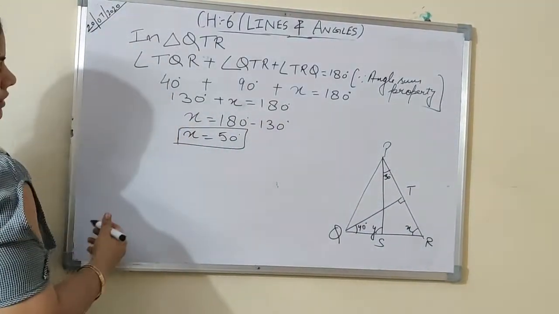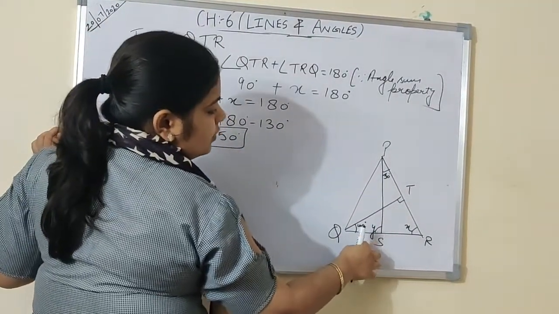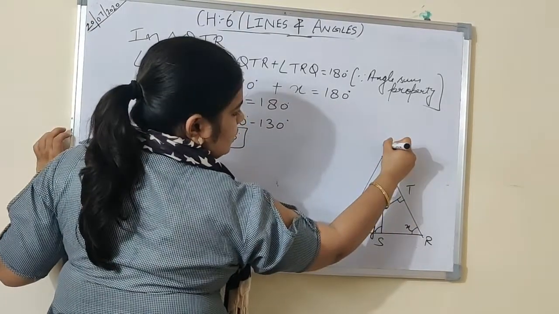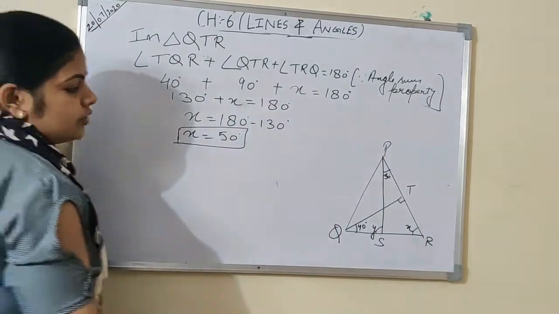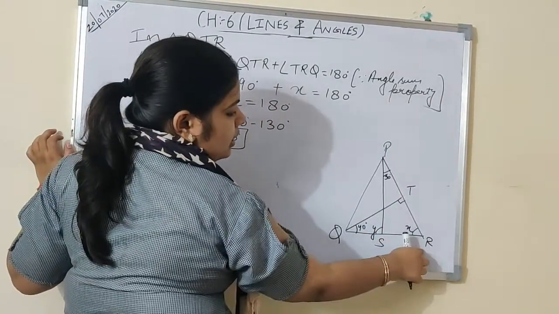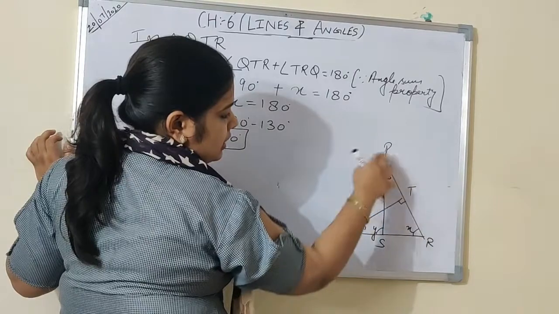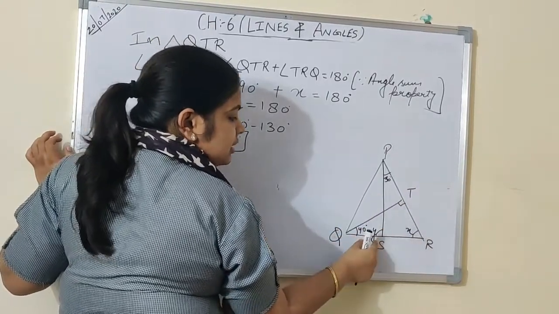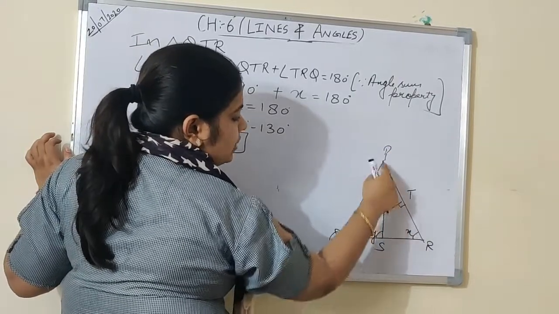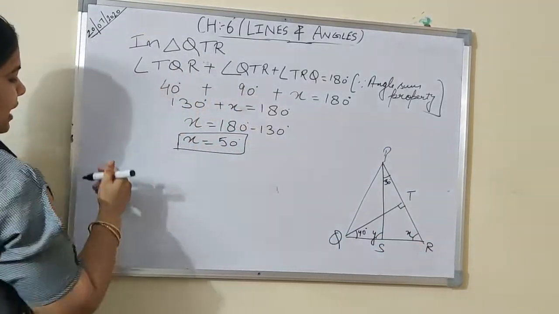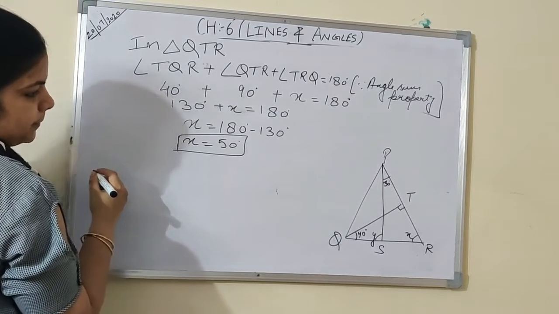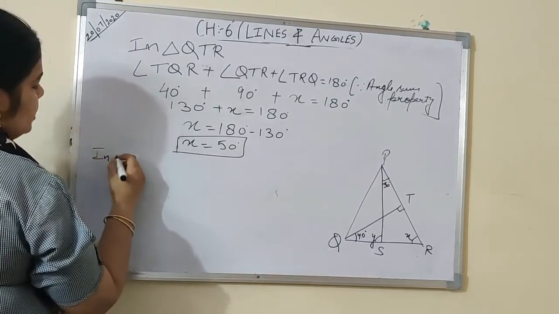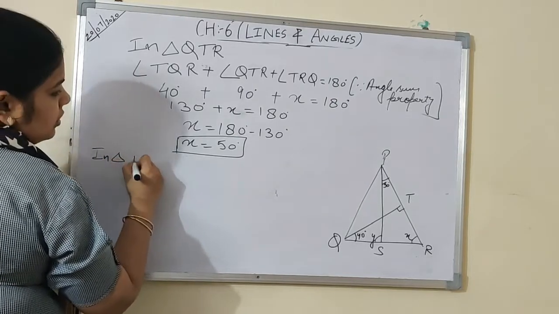Now you can see that for finding the value of Y, we can apply theorem 6.8. Here PSR is a triangle and Y is an exterior angle for this triangle PSR. So I am applying theorem 6.8 in triangle PSR.